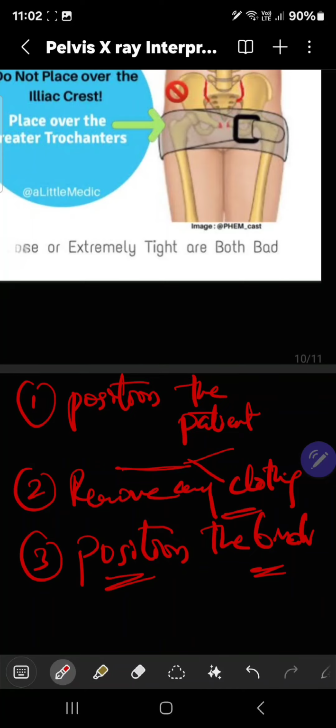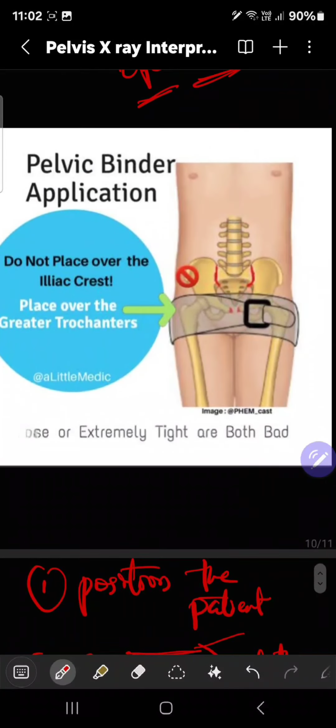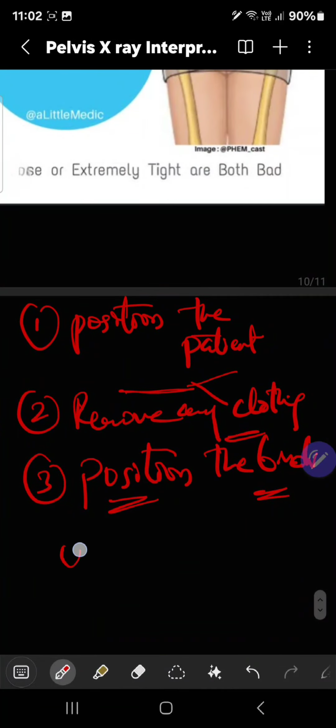How do you position the binder? First you have to get the binder under the knees.